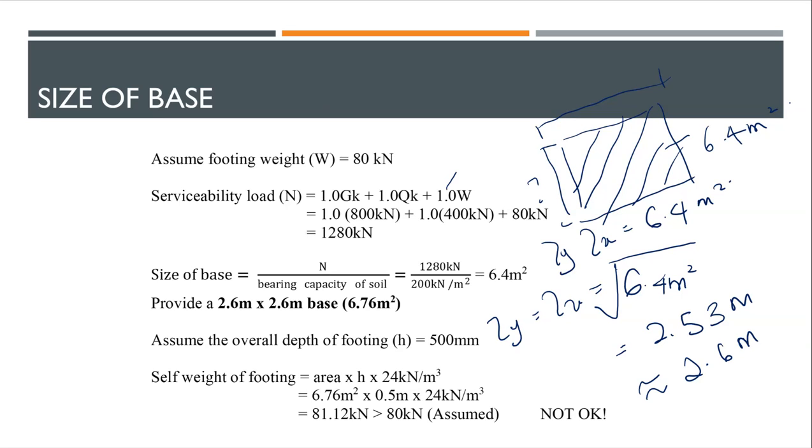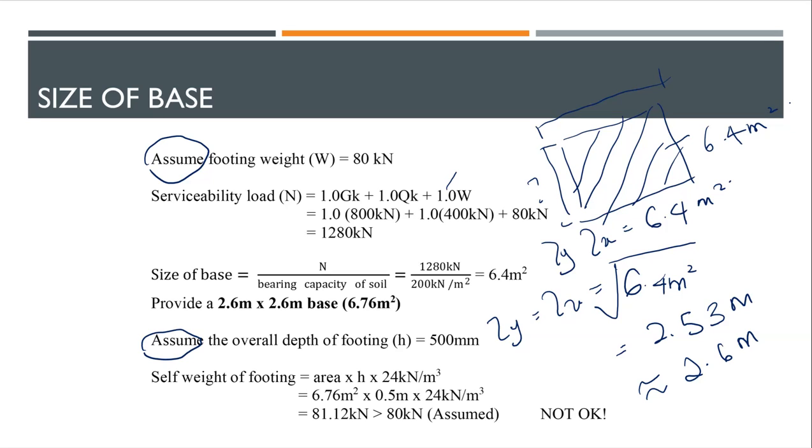And again, we have to assume the overall depth of footing because this one is also an assumption. Ini semua assume, kalau you tengok, dalam soalan langsung tak ada bagi any assumption for you. So you have to assume on your own. So I just assume here is 500 mm. Just make sure that you don't assume it too low, because foundation normally dia tak senipis slab.